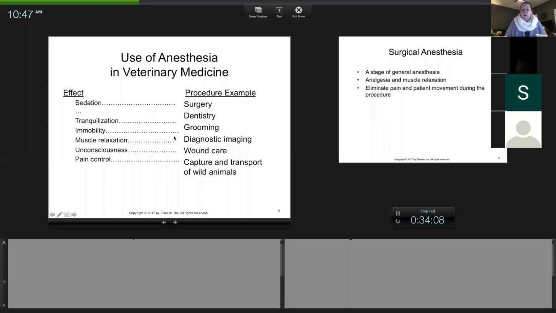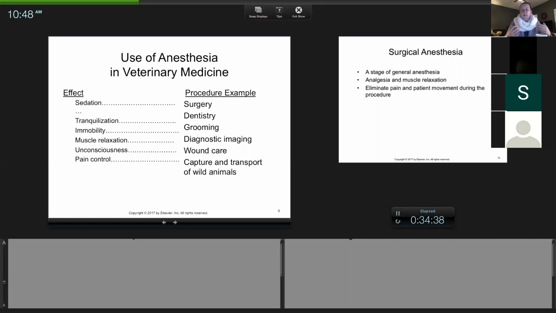If I want diagnostic imaging, so if I want to take an x-ray, a lot of times you're going to need muscle relaxation and immobility. Surgery, I obviously need them unconscious. Wound care can vary. When I talked about that dog that was attacked, that came in with multiple lacerations, we had to anesthetize that dog.